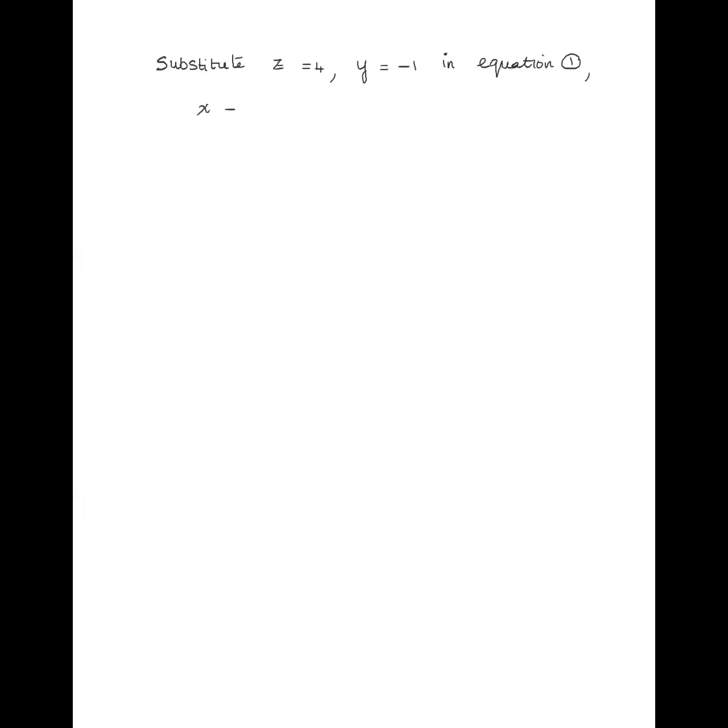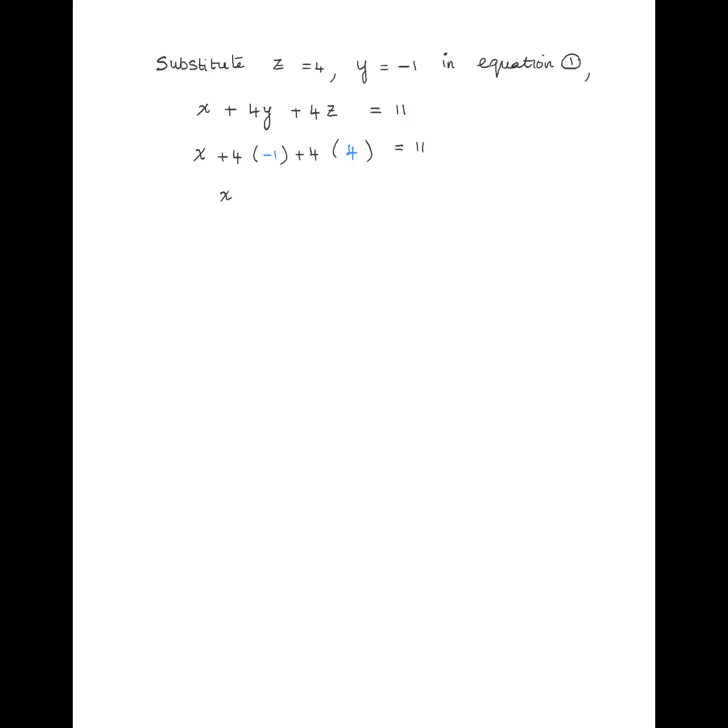So the equation 1 is x plus 4y plus 4z equal to 11. So plug in y and the z value here. Y is -1 and z is +4.